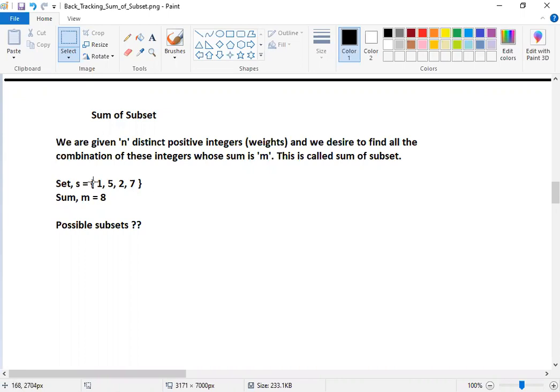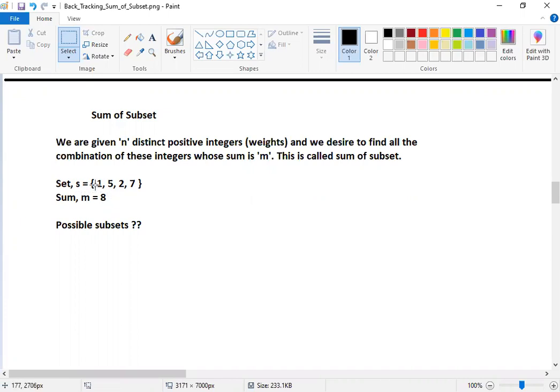Okay. Then next is that now here we are also given one more value called the sum, that is 8. What we need to do is find out what are the different values here. If we add them, then the result is going to be the M value.